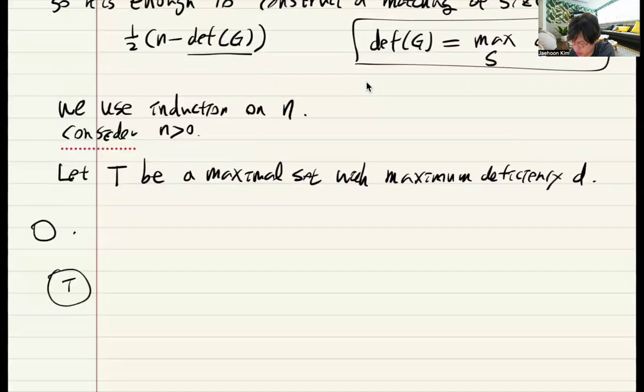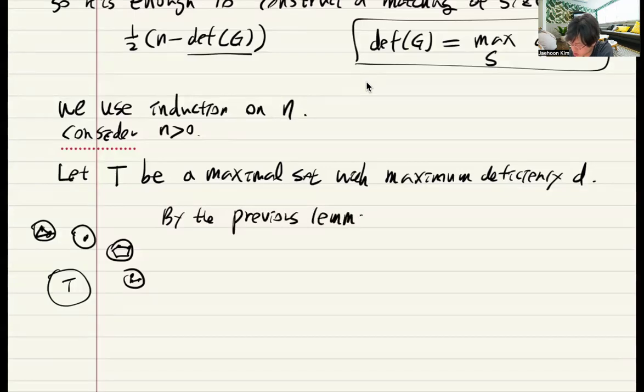We have T, and then we have certain odd components. By the previous lemma, G minus T has no even components.